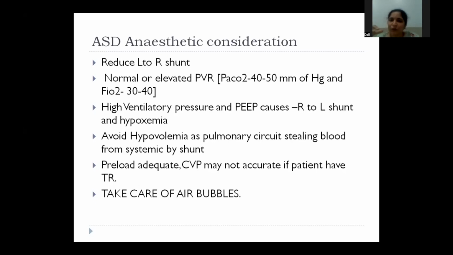So PaCO2 we can accept up to 40 to 50 millimeters of mercury. We don't have arterial PaCO2 monitoring every time, so you can keep your ETCO2 figures around 30 millimeters of mercury. You can give PEEP up to 4 to 5 centimeters of water, but if you give more PEEP and high ventilator pressure, PVR may increase to a level that the shunt can be reversed.